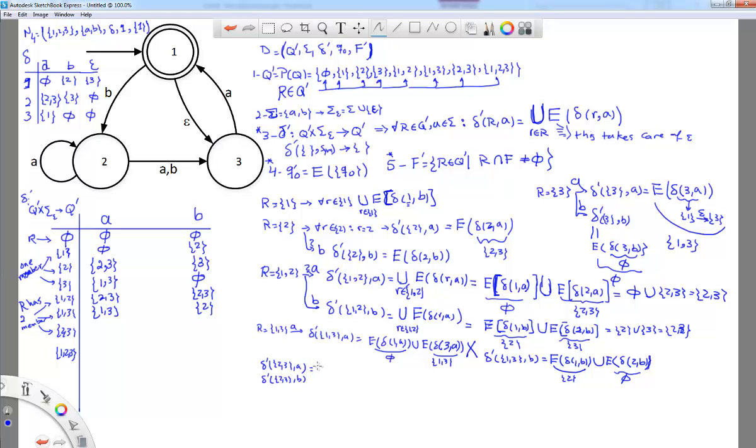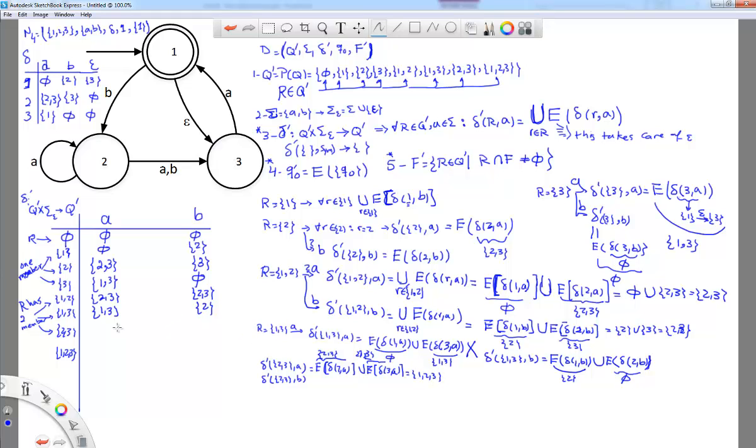So this is going to be E of each of them. Delta of 2 and A union with E of delta of 3 and A. So this guy, delta of 2 and A, which is this one, so that's going to be 2 and 3. And then 3 and A, which is this one, this guy is going to be 1 and 3. So when I union these, it's going to be 1, 2, and 3.